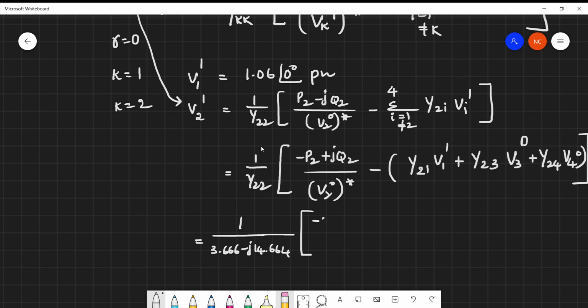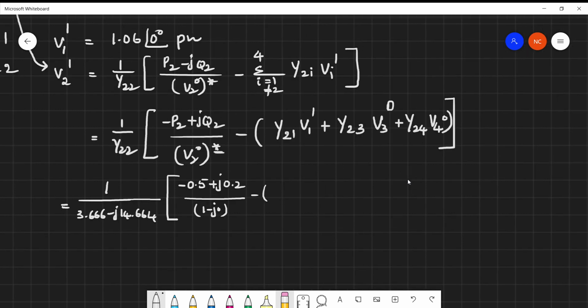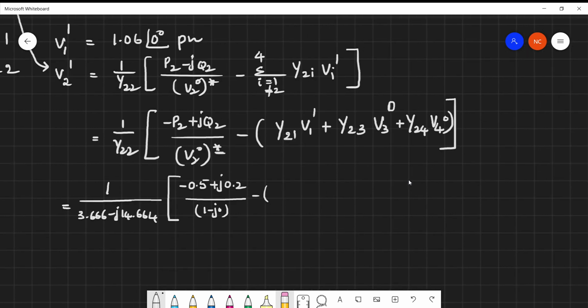Now it will be minus 0.5. Next, plus j0.2 by V2 initial guess, which is 1 plus j0, but we are considering the conjugate, so it is 1 minus j0, minus Y21. Again it will be obtained from the Y bus. Okay, so Y21 is minus 2 plus j8.